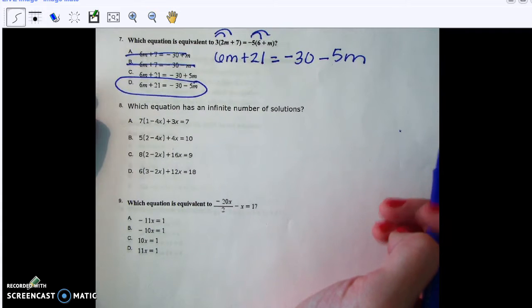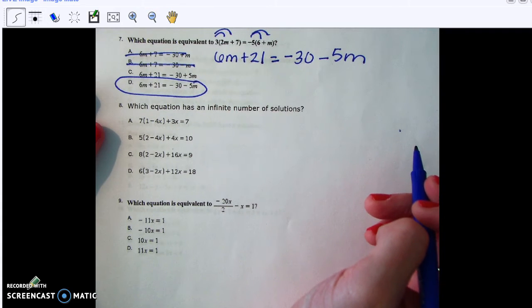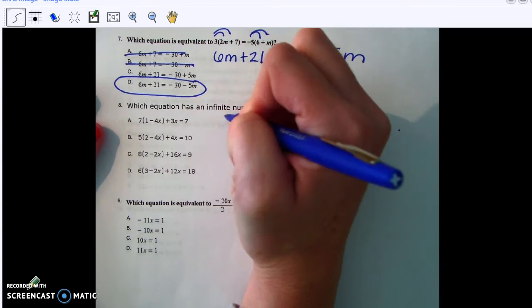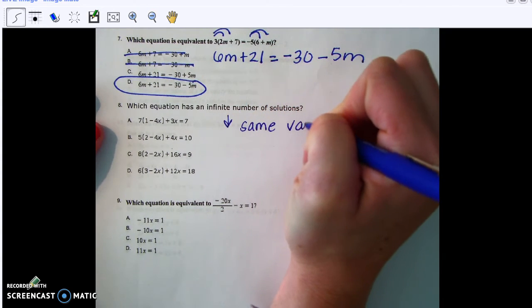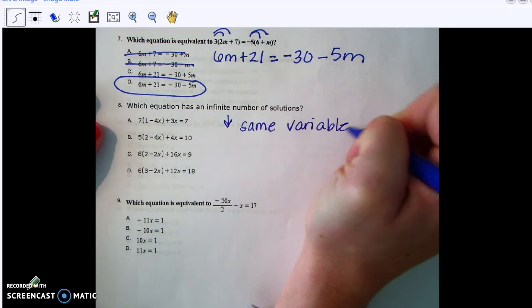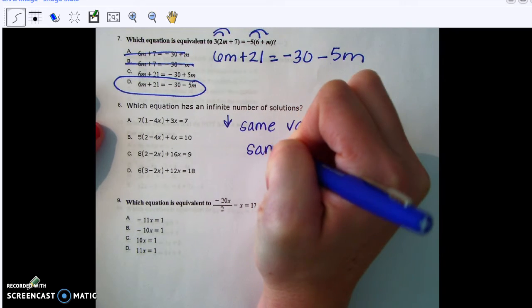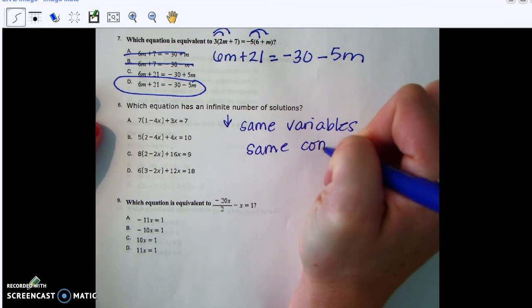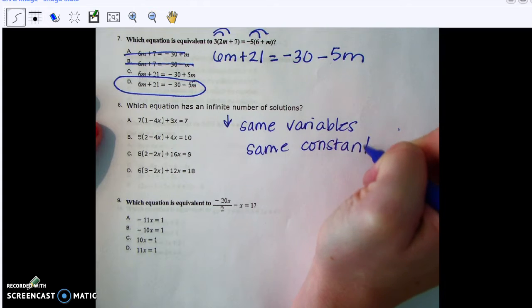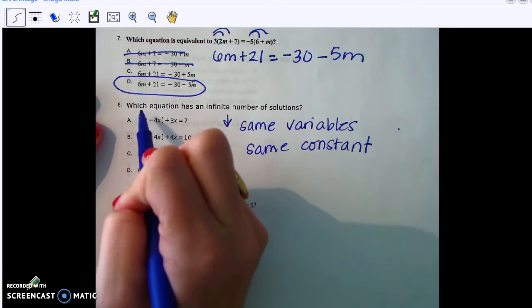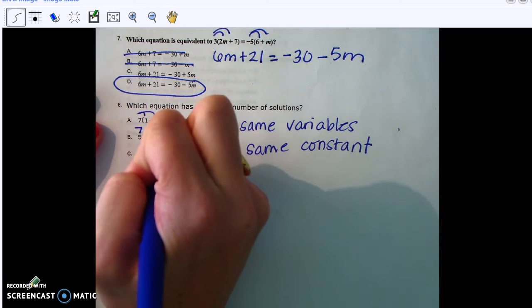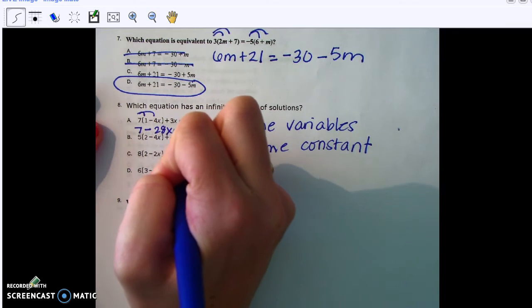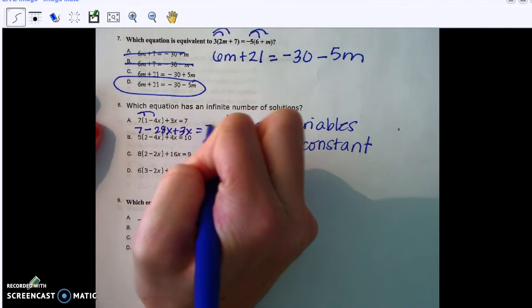Number 8, which equation has infinite solutions? Remember, when we're looking at infinite solutions, we want the same number of variables and the same constant. So on this side here, after I distribute, I get 7 minus 28x plus 3x equals 7.